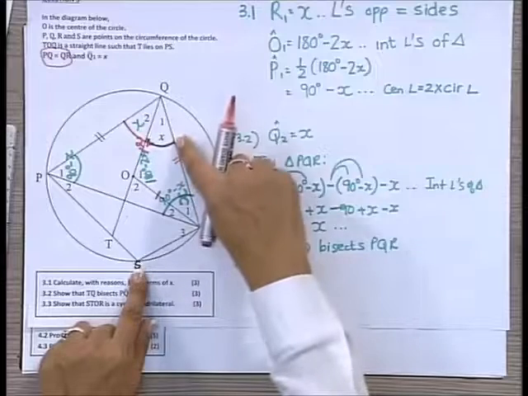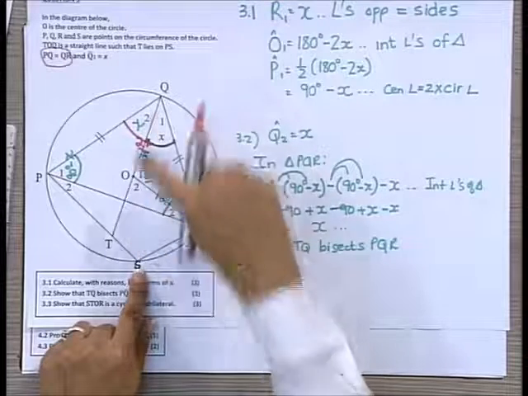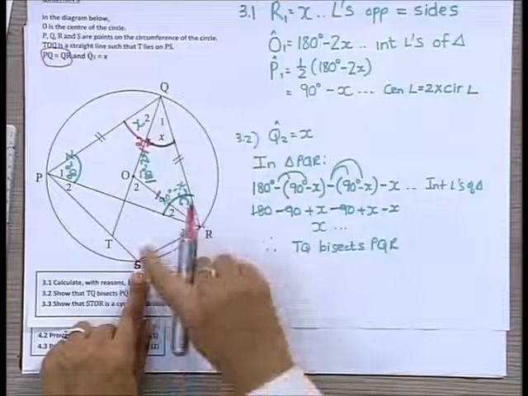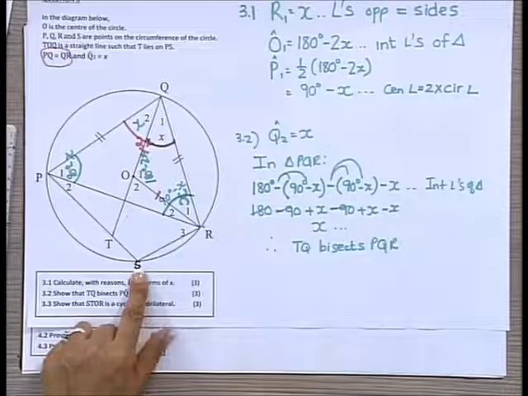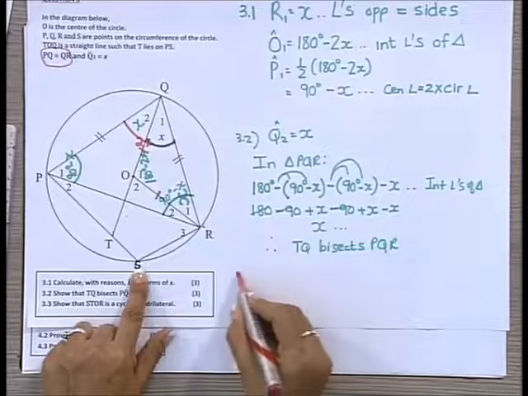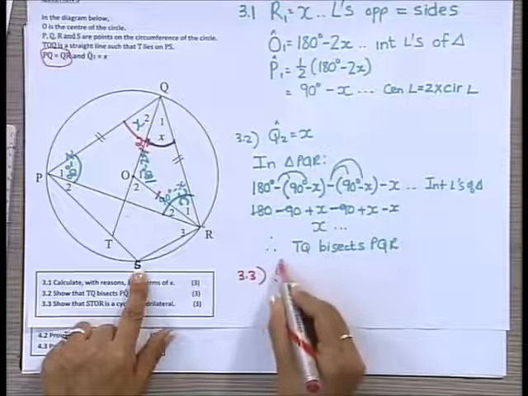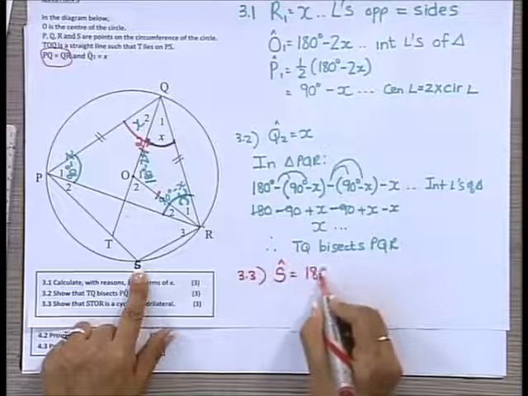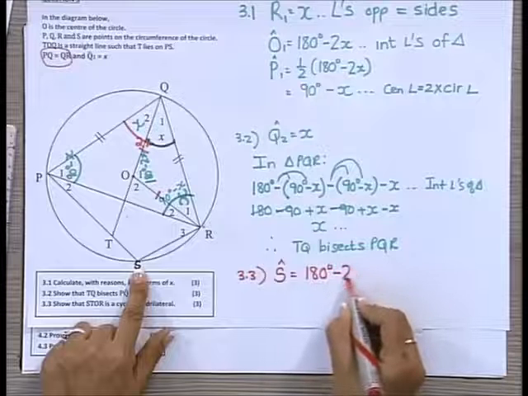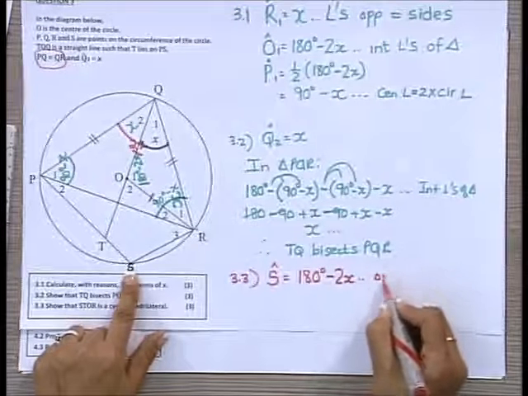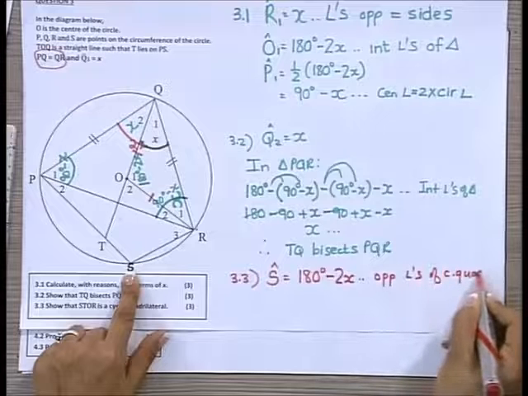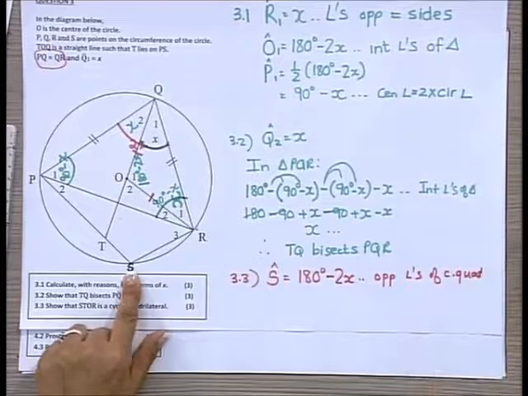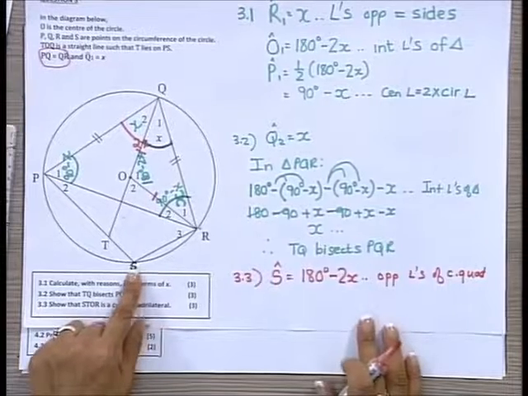If that is 2x and the opposite angles give you 180, what is the size of S? 180 minus 2x. You are absolutely right. So in 3.3 I said S is equal to 180 minus 2x, and I used opposite angles of a cyclic quad. Good, everyone? Opposite angles of a cyclic quad.